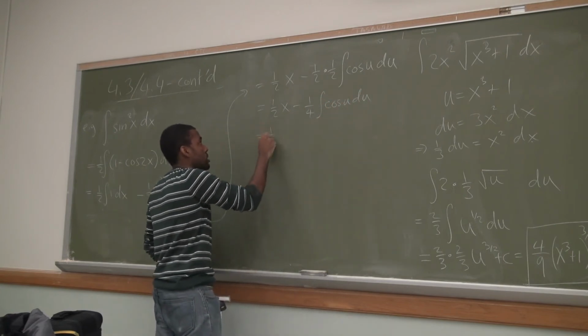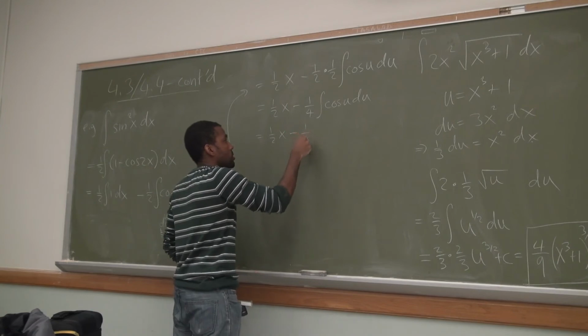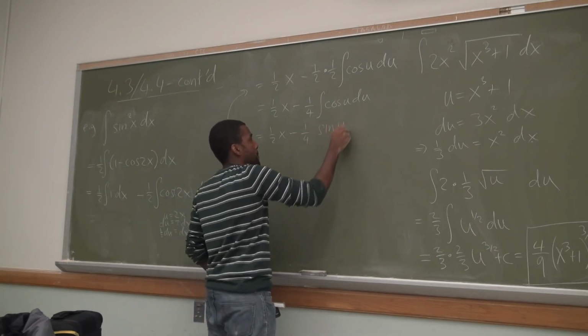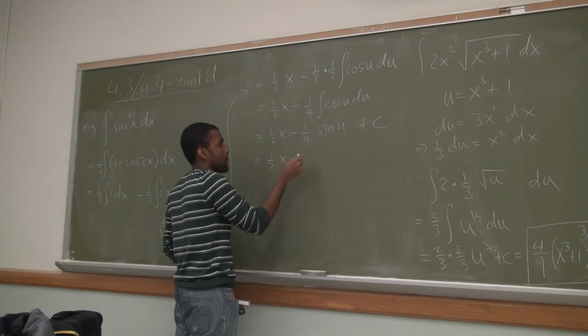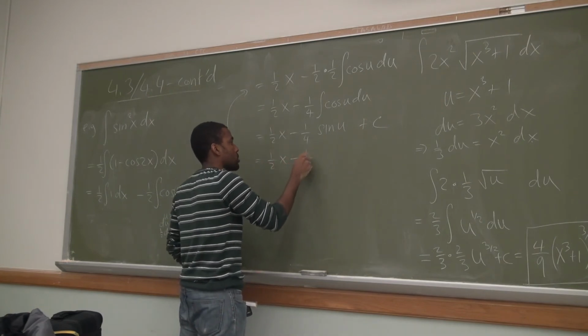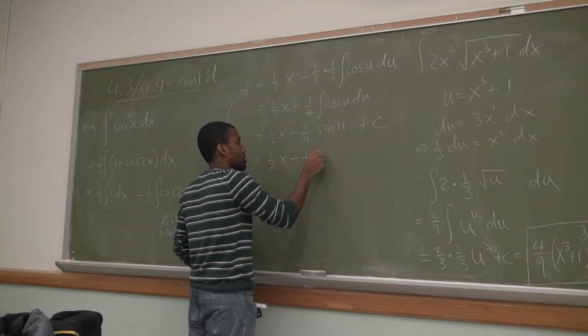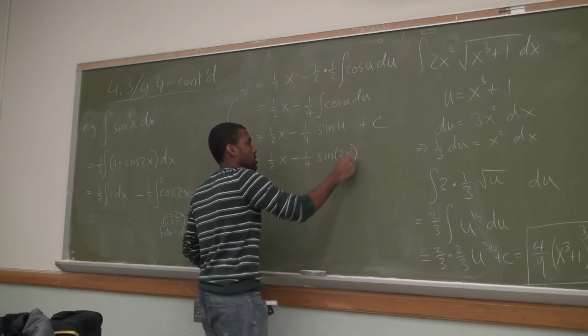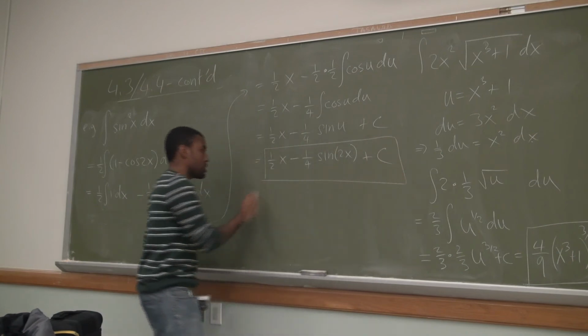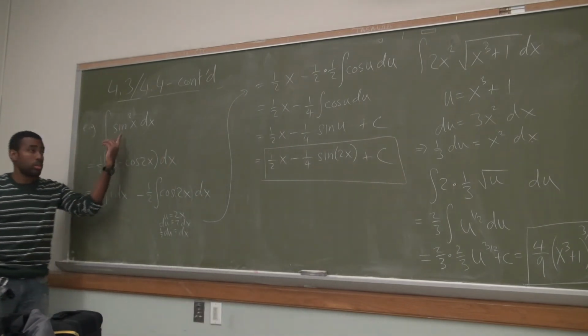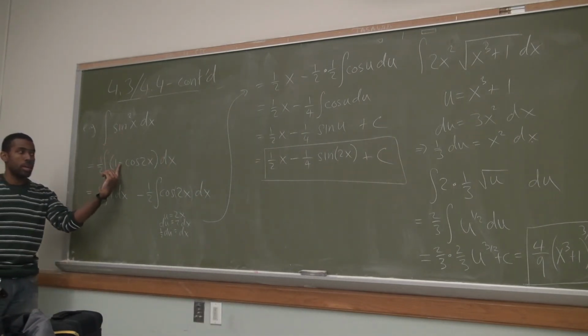The integral of cosine is sine, so it's 1/2 x minus 1/4 sine 2x. And a similar technique would be used to integrate cosine squared. You'd use the half-angle formula, but this one would be a plus.